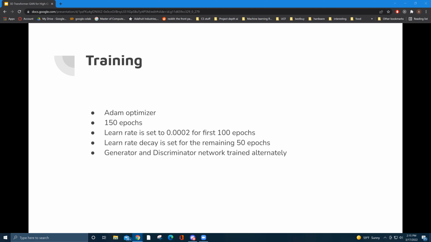So the generator would be used to optimize the discriminator, and then in the next iteration, it will do the opposite. It's going to be used to optimize the generator. But only the generator is used for reconstructing the PET image, the SPET image.